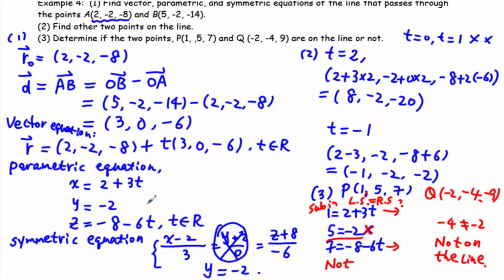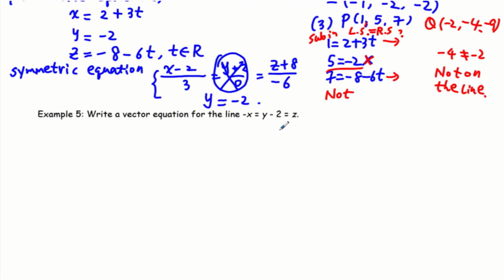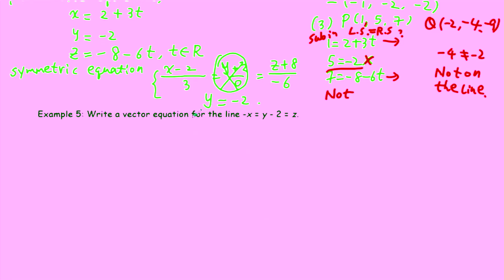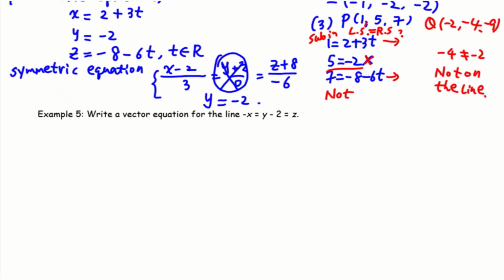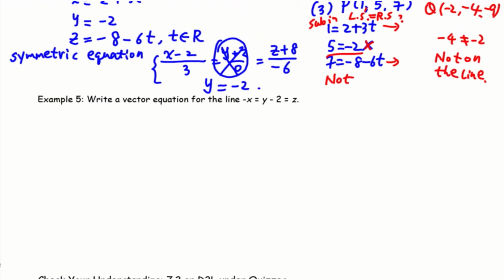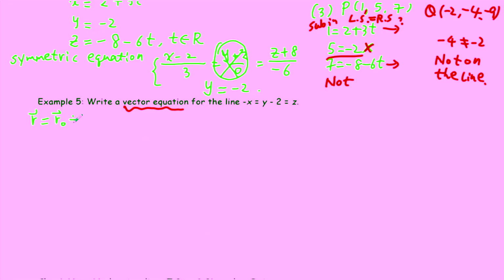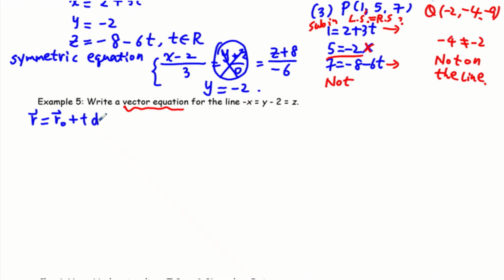Okay, so this is an equation that is in the symmetric form, converted backward. So this is in the parametric equation already, then it asks you to write it in vector equation. So in order to write it in vector equation, we need to find the r0 and the direction vector.